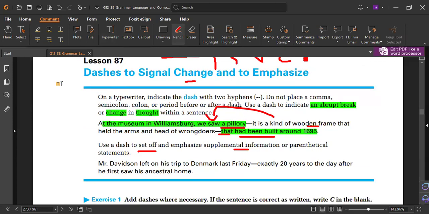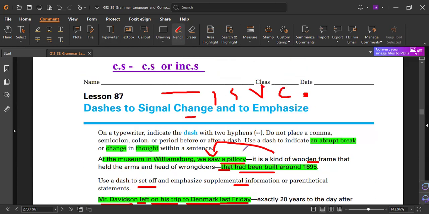Now let's check. Is this part complete or a fragment? Fragment? No, just wait. Mr. Davidson, subject, left, verb, and then phrases. So we have a subject, we have a verb, and then phrases to complete the meaning. So up to the dash, it's a complete sentence. After the dash, I don't care.